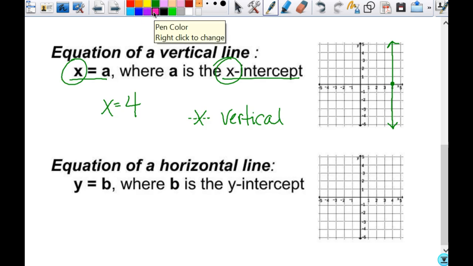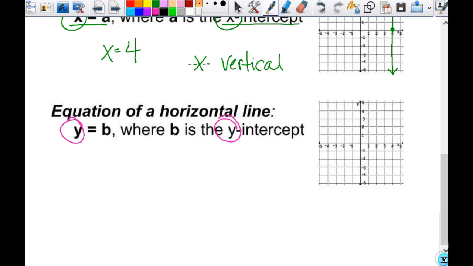Okay. So y equals b, where b is the y-intercept. Y equals a line gives you the y-intercept. So if I give you y equals -2, I go to -2 on the y-axis.